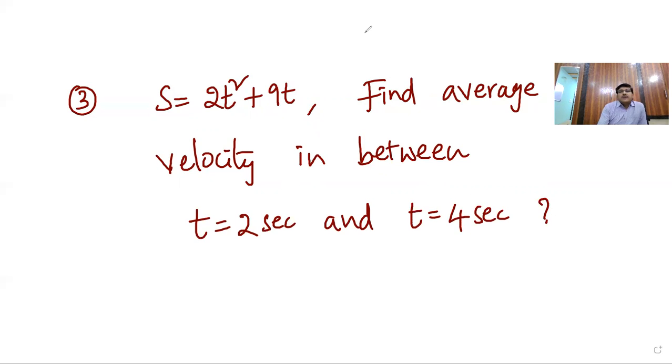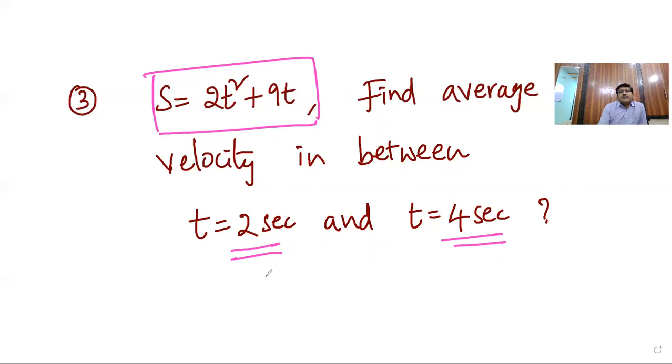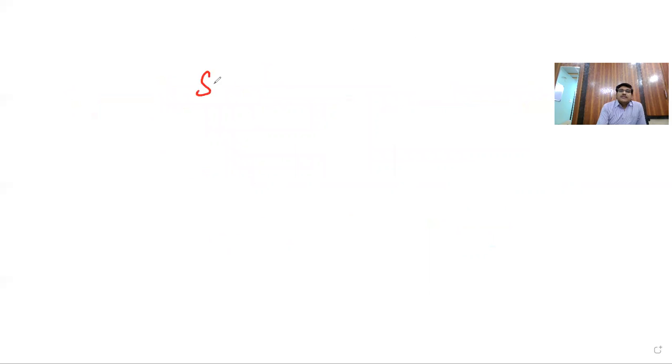The relationship is 2t square plus 90. He requires average velocity, so be careful, average velocity. So observe, S is what he has given, 2t square plus 90. This is the relation given.